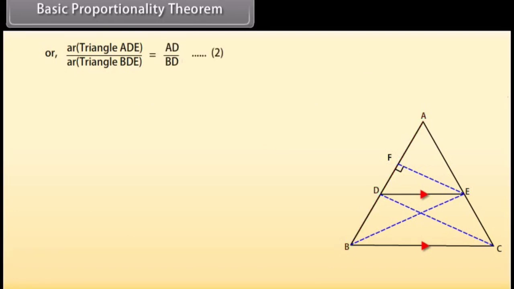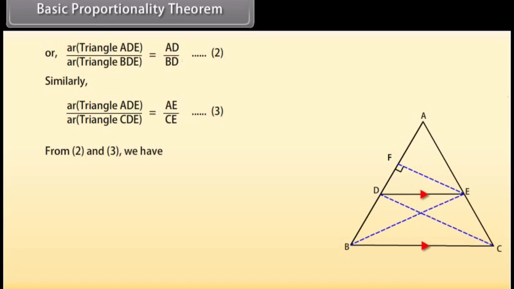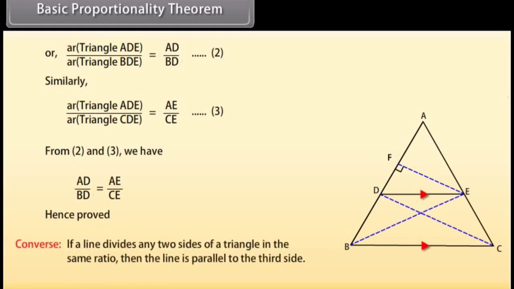Mark it as 2. Similarly, the area of triangle ADE upon the area of triangle CDE is AE upon EC. Mark it as 3. From 2 and 3 we have AD upon BD equals AE upon EC, hence proved. The converse of this theorem is also true, which says that if a line divides any two sides of a triangle in the same ratio, then the line is parallel to the third side.